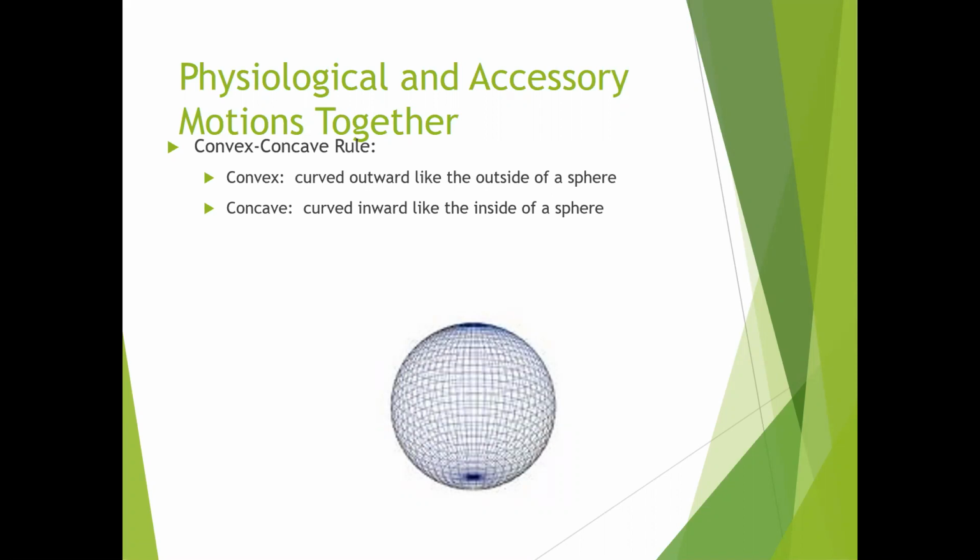Think about how the sphere kind of curves like this, right? So it's kind of like a C shape. So it's the cup. Versus concave: curved inward like the inside of a sphere. That makes sense to everybody? We'll give some examples in a second.